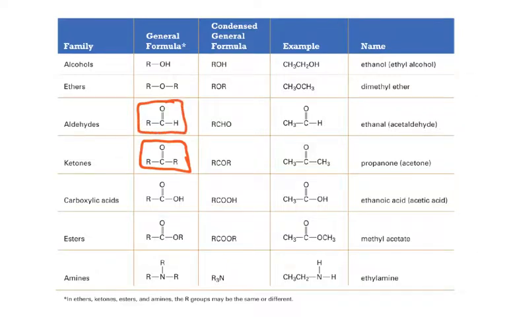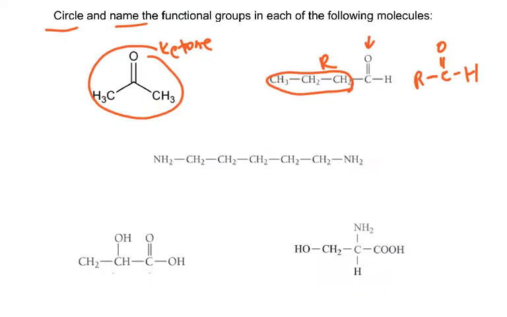What we have is an aldehyde. So this part here is the aldehyde functional group. What I circled in red is just the R. That's not a functional group. I'm just showing that that's the R part.